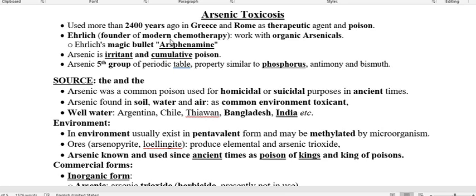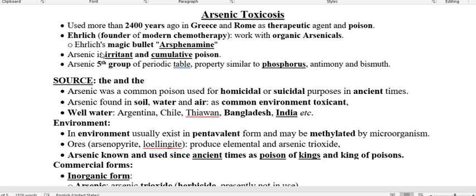As far as the element is concerned, arsenic belongs to group five of the periodic table. Many other elements belong to group five, but amongst them phosphorus is very important, because phosphorus is structurally similar to arsenic, and phosphorus participates in ATP synthesis and other physiological functions of the body.